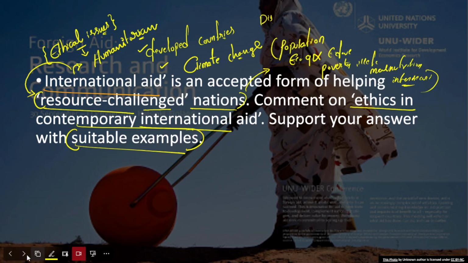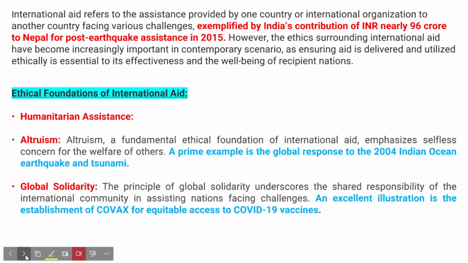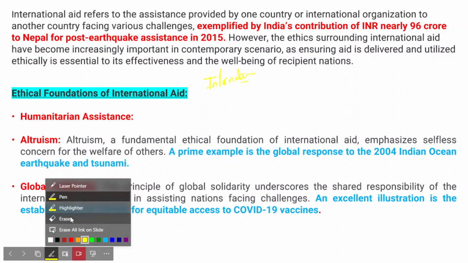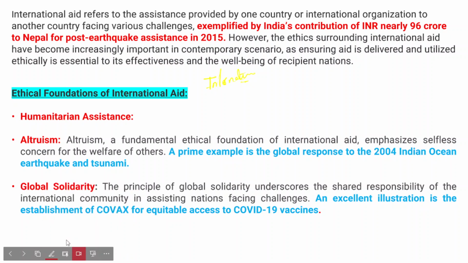Now, in the first part of the answer itself, you just have to define what exactly constitutes international aid. International aid can be defined as aid which is being provided by one country to another country.